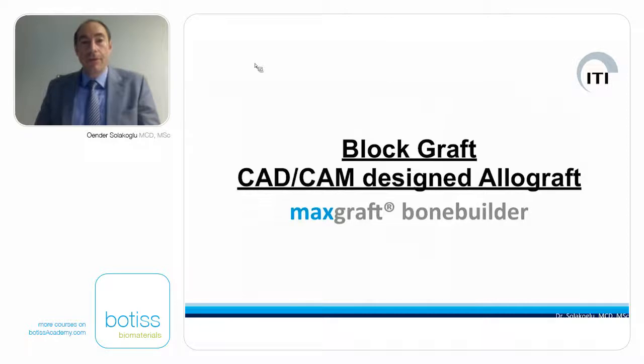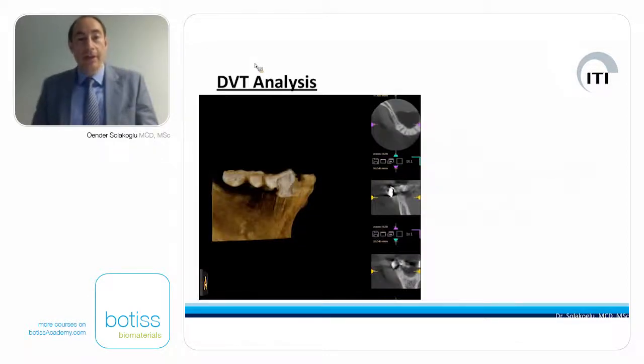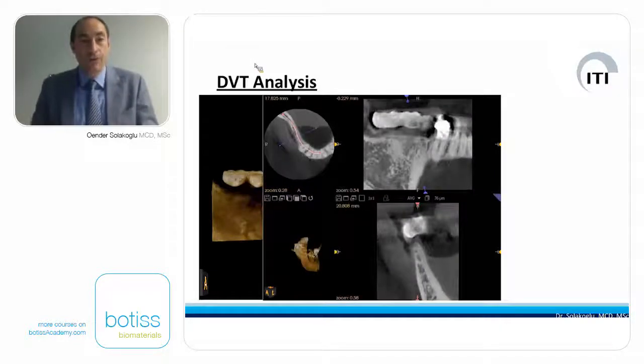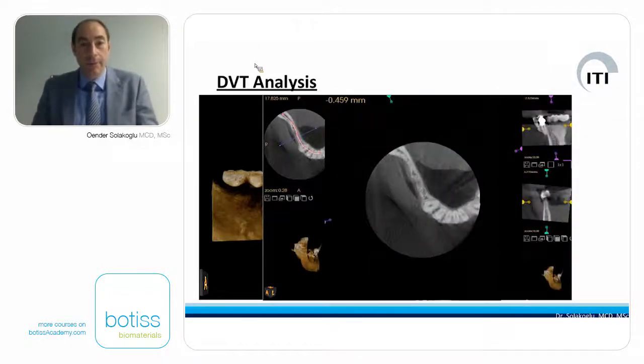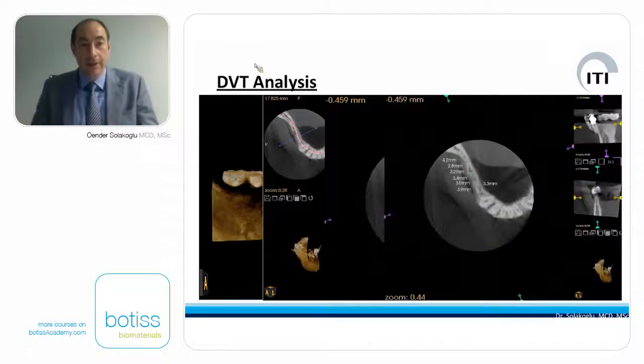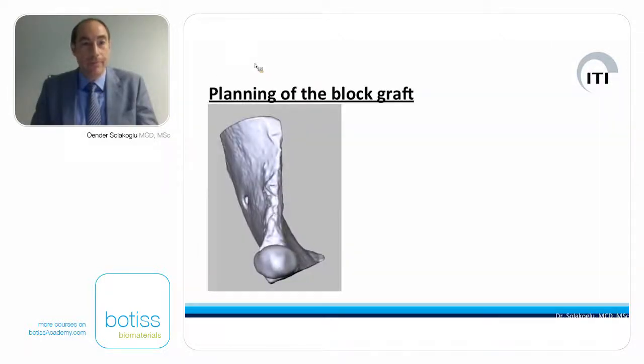Let's come to the very fascinating technique of the MaxGraft Bone Builder, which is basically an individually designed CAD/CAM allograft block graft. And this is the case where we decided to do this technique. This is the 3-dimensional analysis of this case, and you can appreciate here a bone width between 2.8 and 3.3 millimeters, so not even enough bone to place implants primary stable.